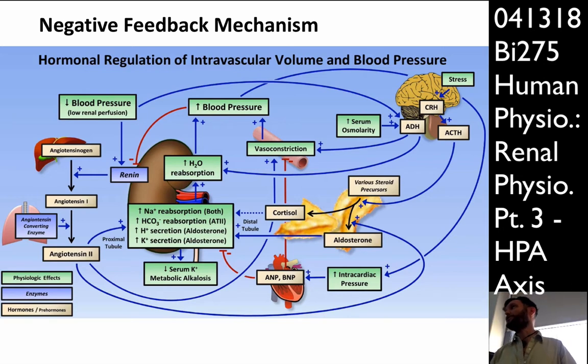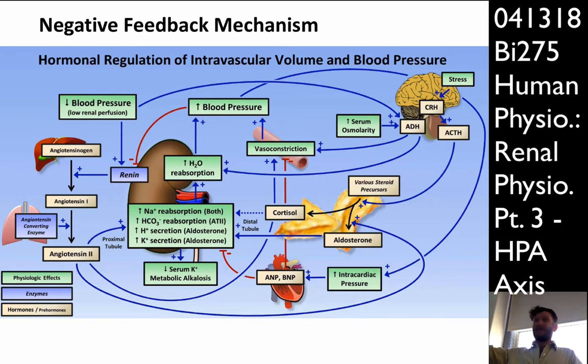That starts the production of ANP and BNP. And ANP is going to have the opposite effect on the regulation of all the osmolytes at the kidneys. And it's also going to vasodilate, as I had shown on that previous slide.